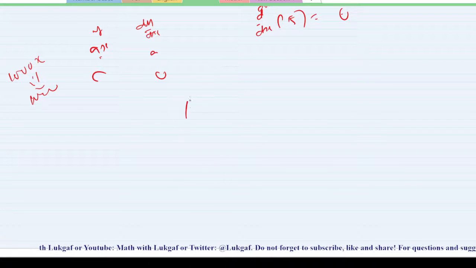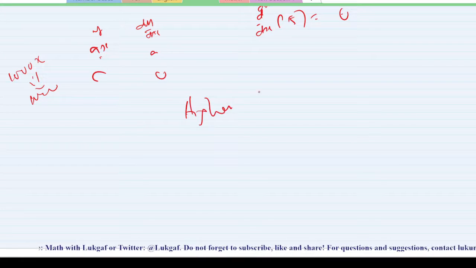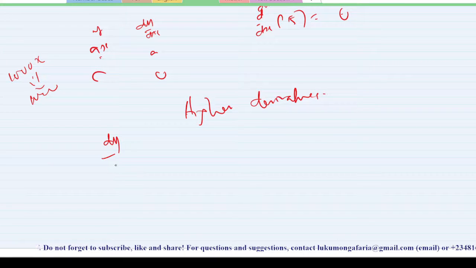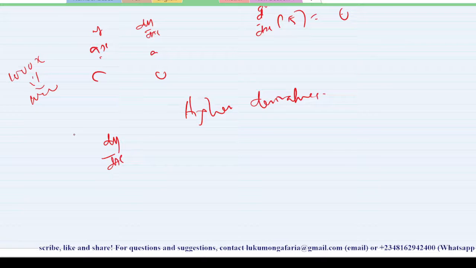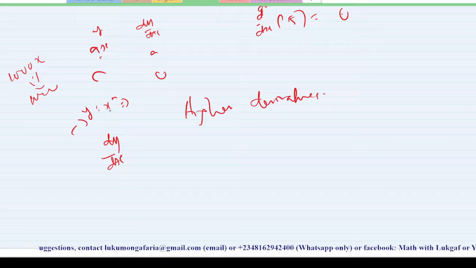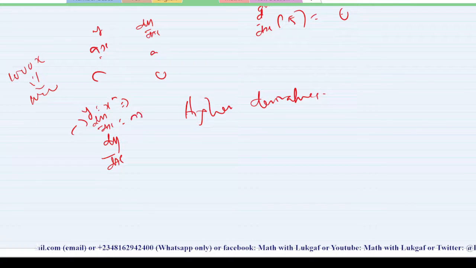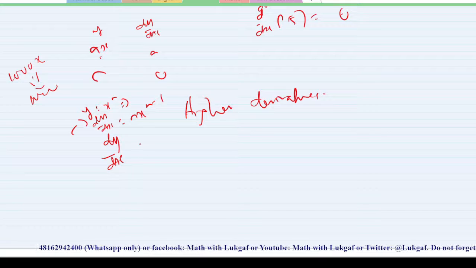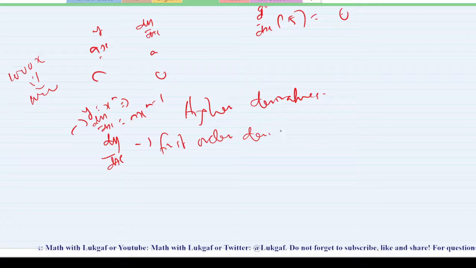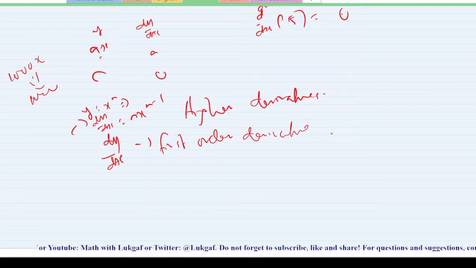So likewise, we call something higher derivatives. You know my dy/dx, you know that I said when I have my y equals x raised to power n, if you are differentiating this, then your dy/dx is going to be nx^(n-1). What we've done here is known as first order derivative. You can have other derivatives as well, such as second order.